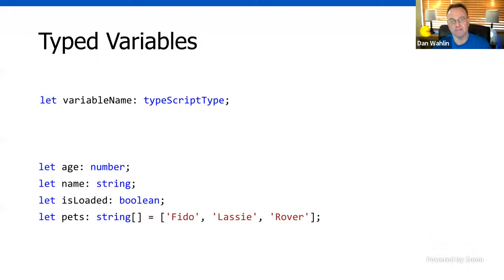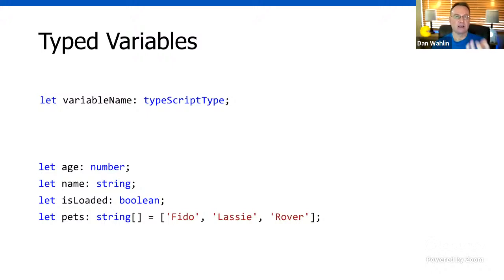And this is great, but most of us in the real world are working with more complex objects. For example, you might be calling out to a RESTful service, and that RESTful service gives you this data back, and you want to work with the shape of that data. Now, what do I mean by the shape of that data?